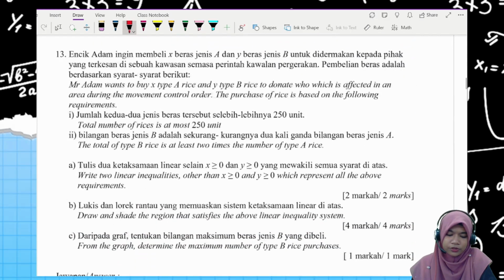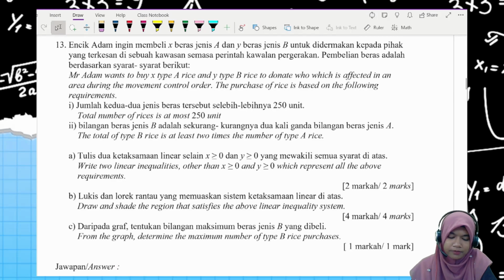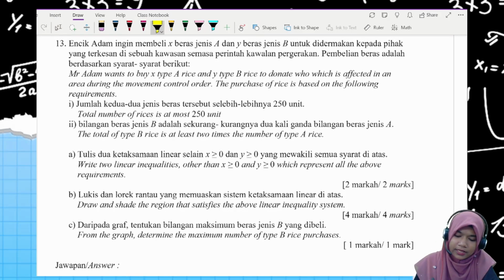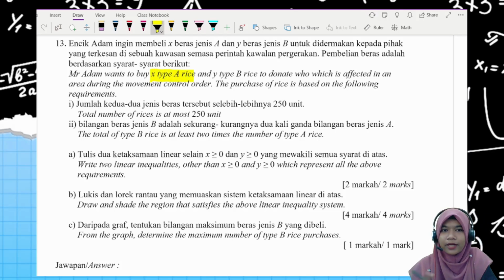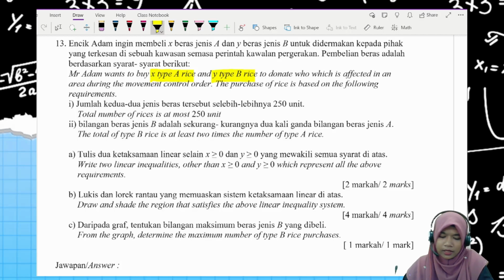Okay, we continue with the next question. Question 13 about Mr. Adam. Mr. Adam wants to buy x bags of type A rice, so now x is for A rice, and y bags of type B rice, to donate to those affected in an area during the movement control order.